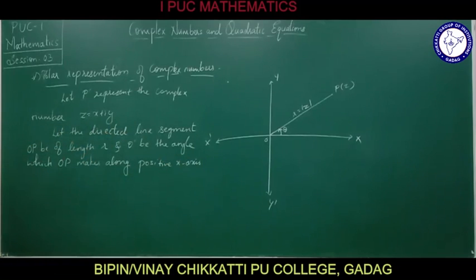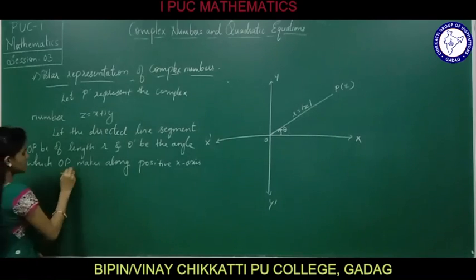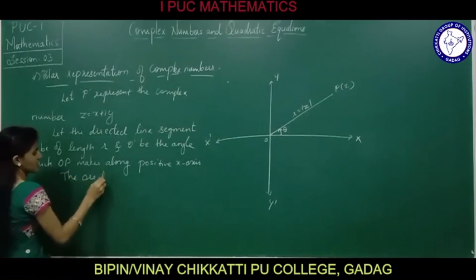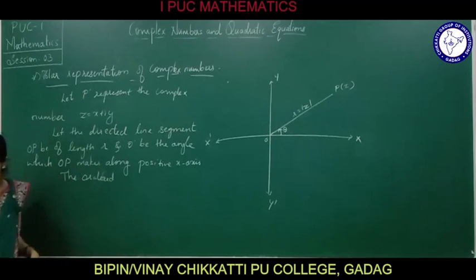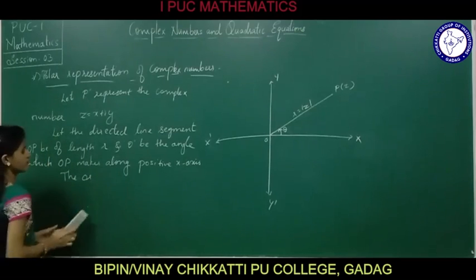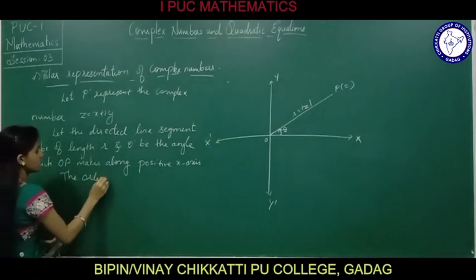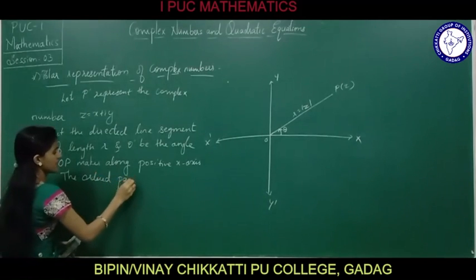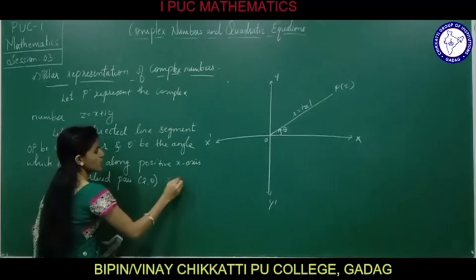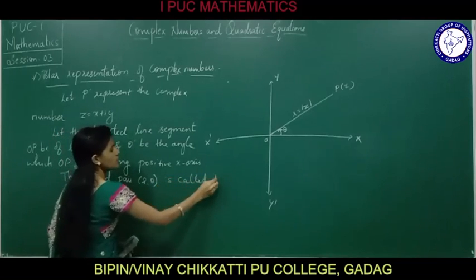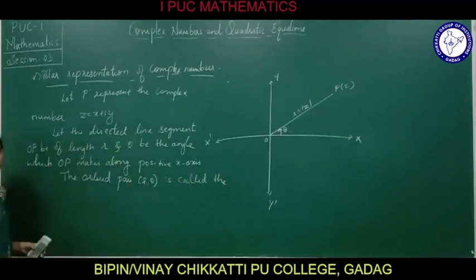If so, what can we say? The ordered pair r comma theta is called the polar representation of this complex number.